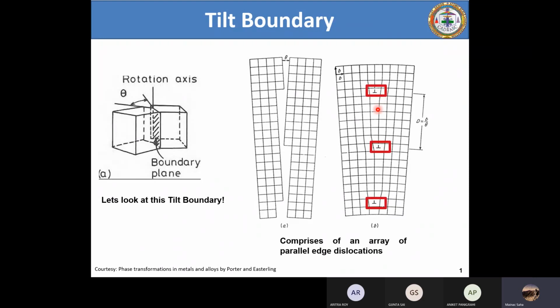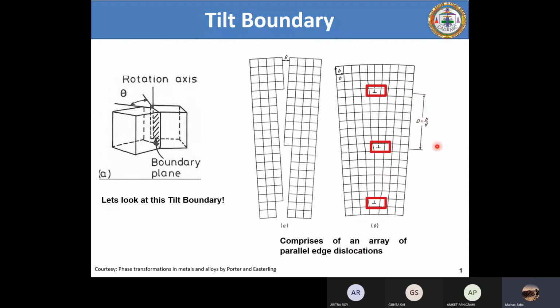Because this will not end; this will be continuous along the X, Y, and Z direction. So it comprises of a continuous array of parallel edge dislocations. This dislocation is parallel to this dislocation parallel to this dislocation, and all are edge dislocations. Always remember this and make a note: a tilt boundary should always comprise of an array of parallel edge dislocations.